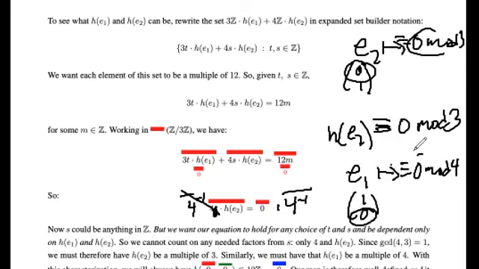So essentially what we need is E2 to be sent to something that's a solution to 0 mod 3, and E1 to be sent to something that's a solution to 0 mod 4. As long as 3 and 4 do not share any common factors, this right here is the guarantee of the map being well defined. So we've just shown a condition for the map being well defined.